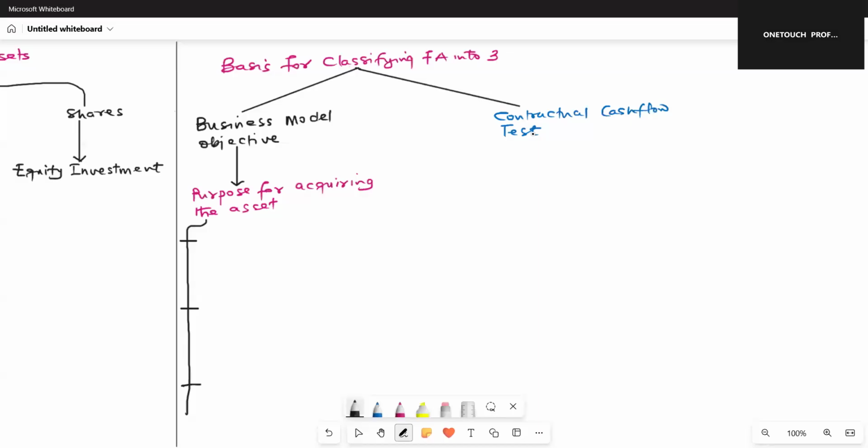So hers is to keep, to receive contractual cash flows.